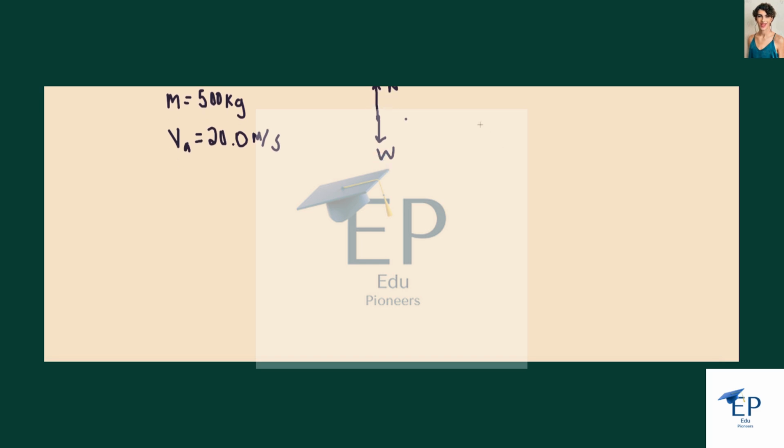So sum of the forces is ma, and we know a is equal to v squared over r. The sum of the forces is normal minus weight, and this is positive because it's moving towards the center of this circle. So it's mv squared over r.